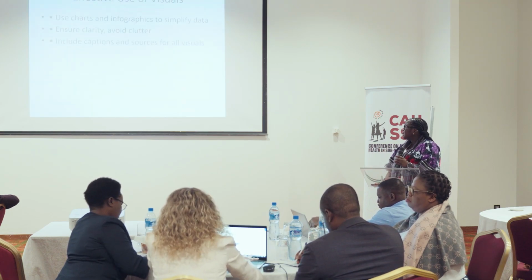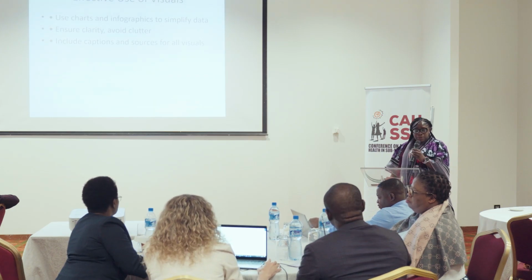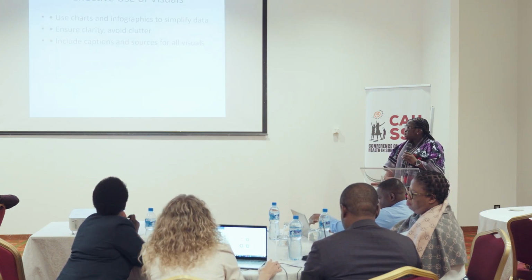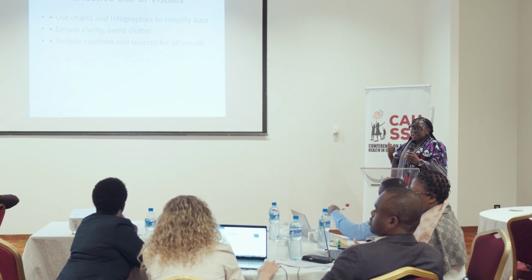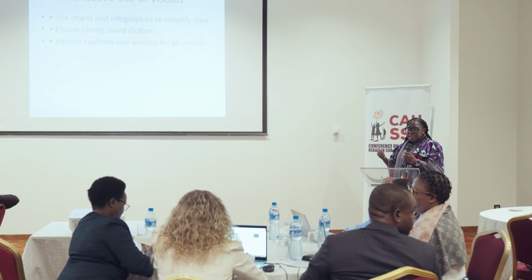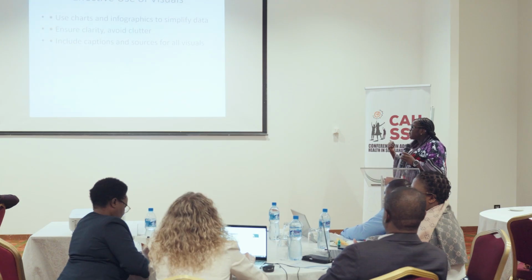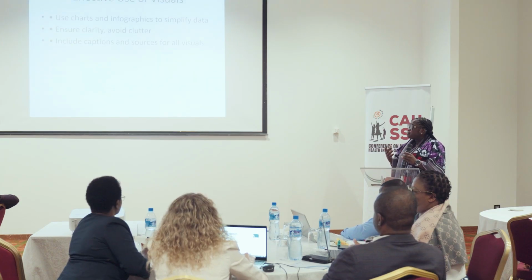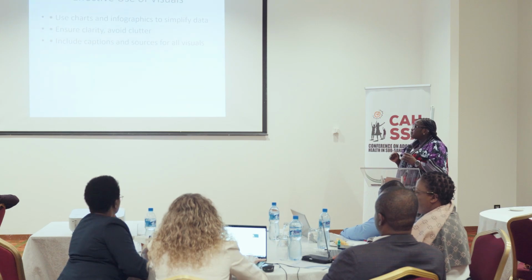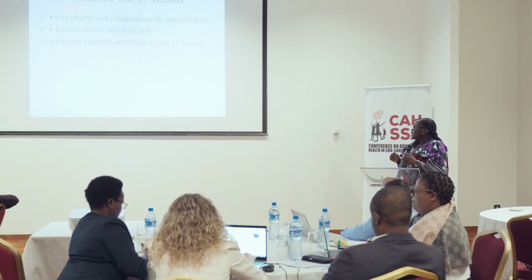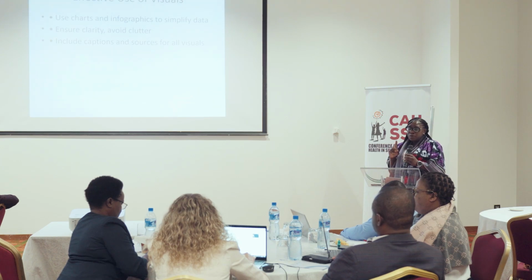What we've also mentioned, I think all the speakers before me have mentioned, is that it's very important to use effective visuals. And this afternoon we have an entire hour on how to use effective visuals in a policy brief. So use charts and infographics to simplify the data, ensure clarity and avoid clutter, and include captions and sources for all visuals.